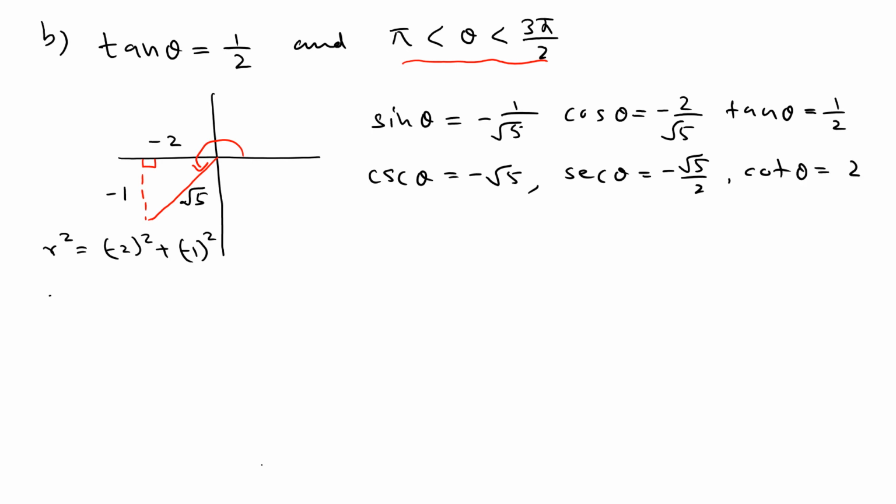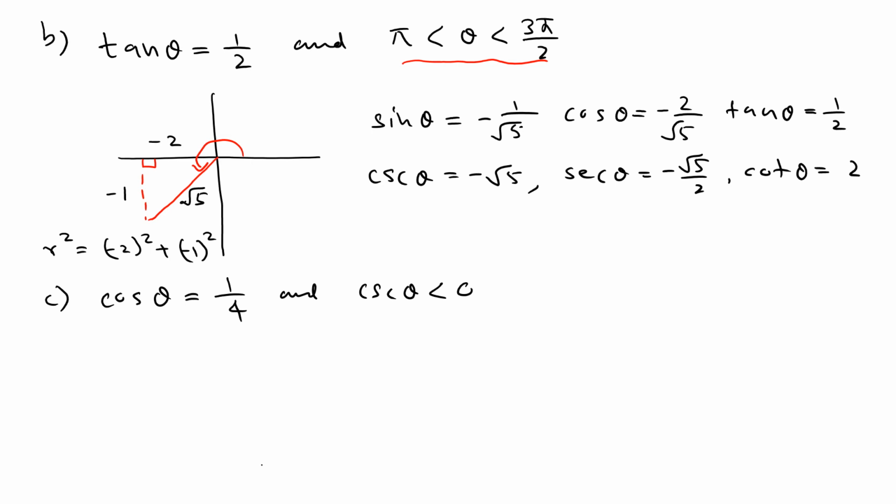Okay, so the last part says that cosine theta is 1/4, and cosecant theta is negative. Cosecant is negative. Good.